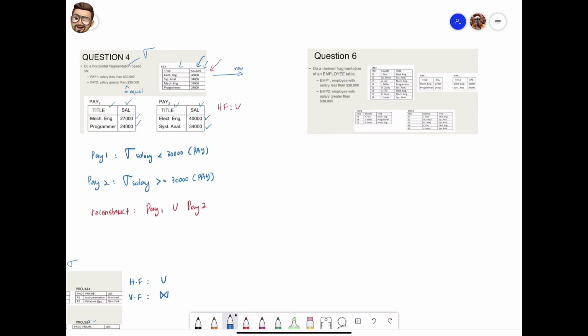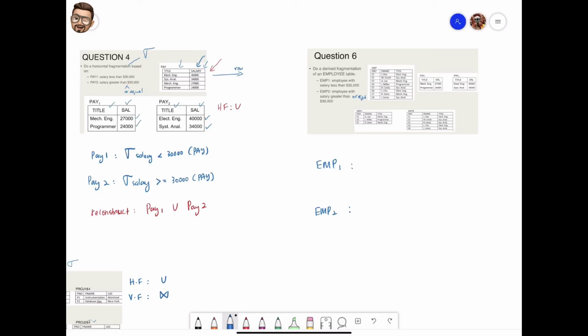So now let's take a look at question number 6. Do a derived fragmentation of an employee table. So now we want to have employee 1, employees with salary less than 30k, and employee 2, employees with salary greater than or equal to 30k.